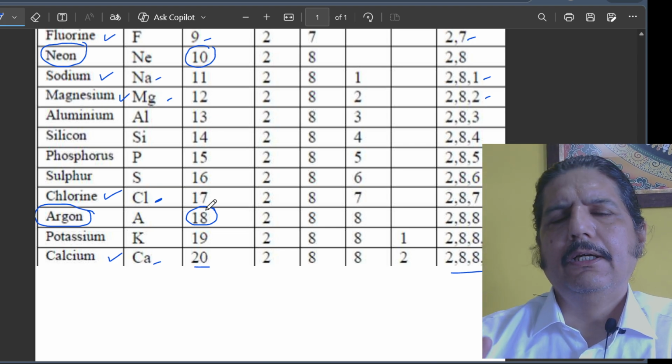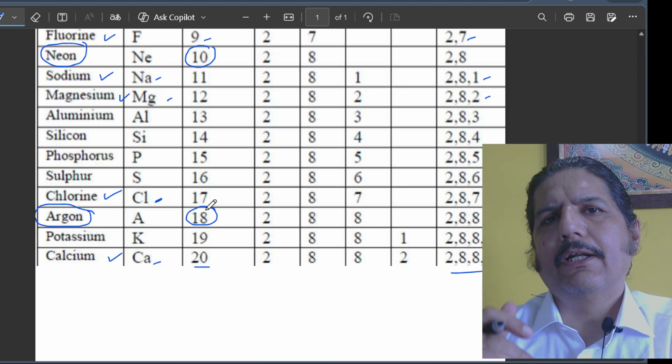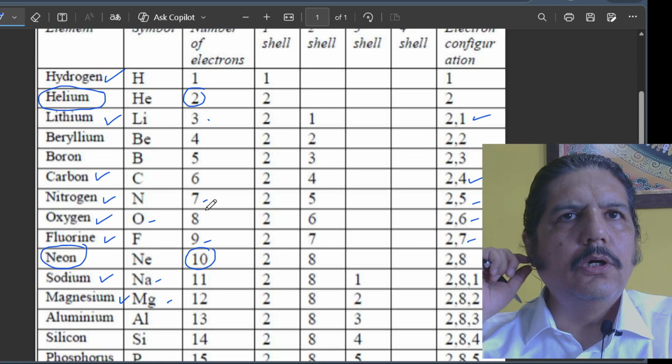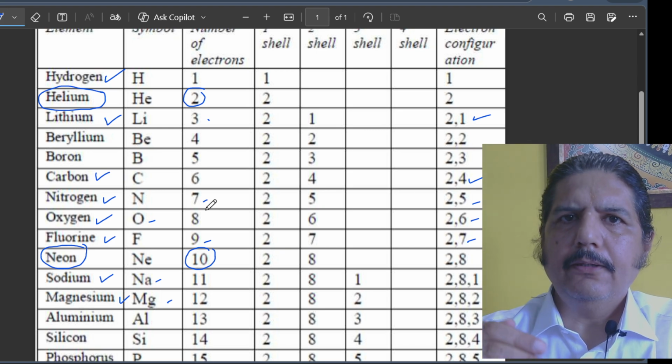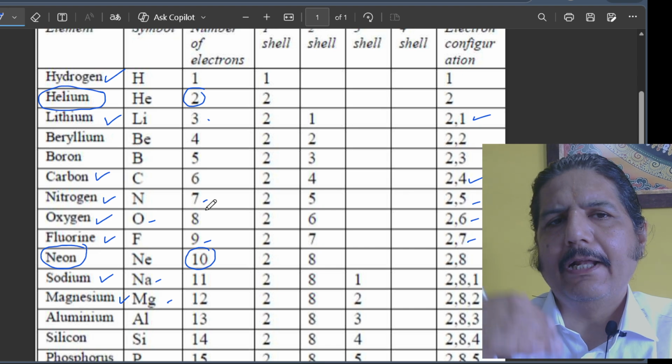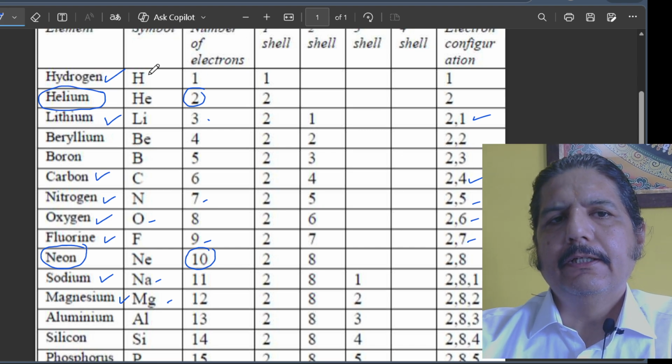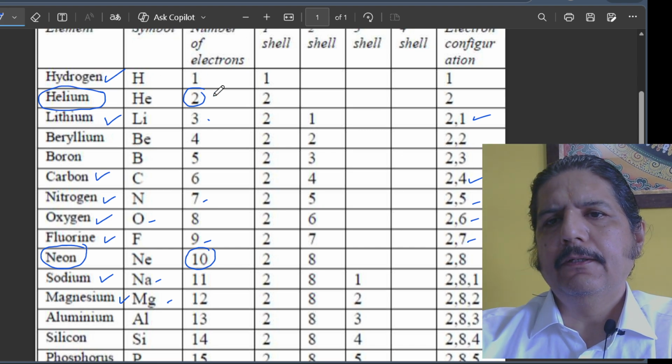So in the first 20 elements, these are the first three noble gases that we have in the periodic table, and the elements in the first 20 elements want to be like them. So what I'm trying to tell you here is that hydrogen will love to have an electronic configuration like 2.